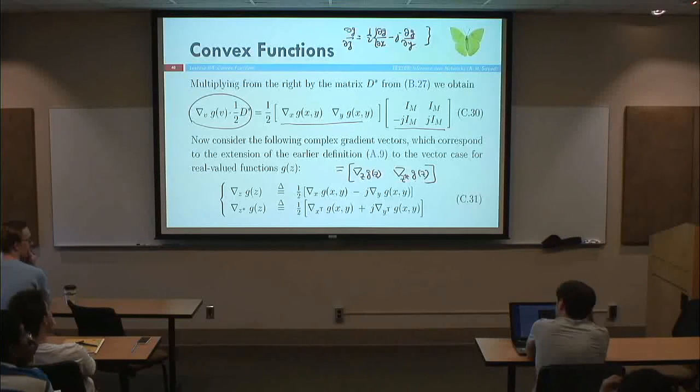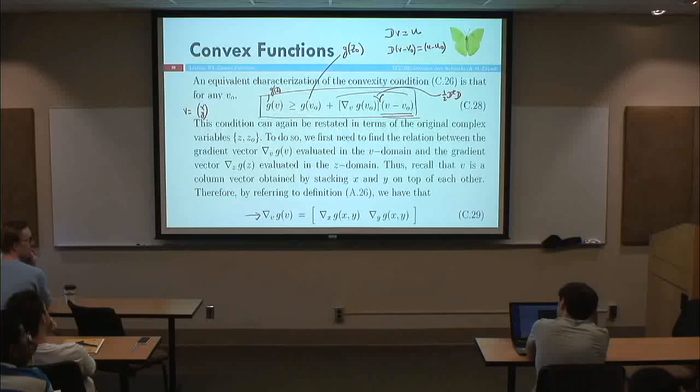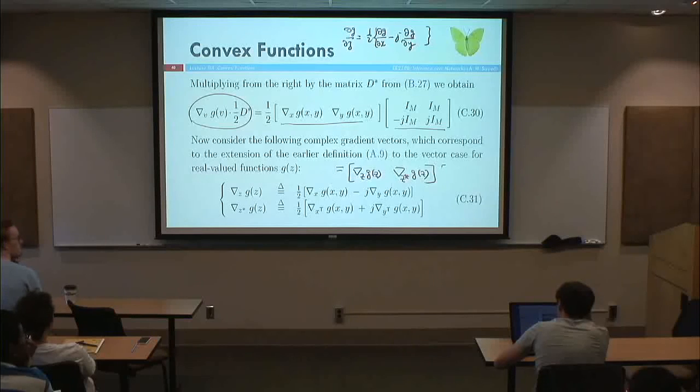So if I go back, this is exactly this times the 1/2 D star. Go forward, and then I have to multiply by u minus u0. But u minus u0 is z minus z0, and then z minus z0 star transpose, because they have to have the same dimension.